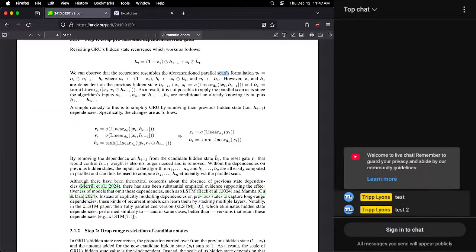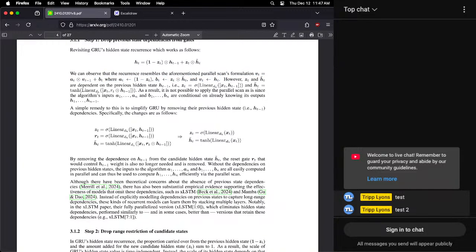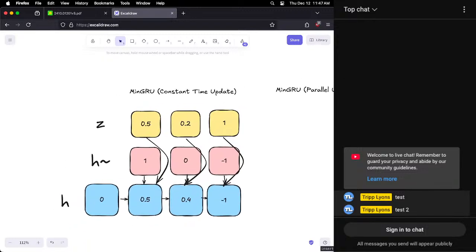Here, the thing that they do in parallel, they call V. Oh, okay, wait, here they removed the hidden state dependencies on H. So let me explain that.